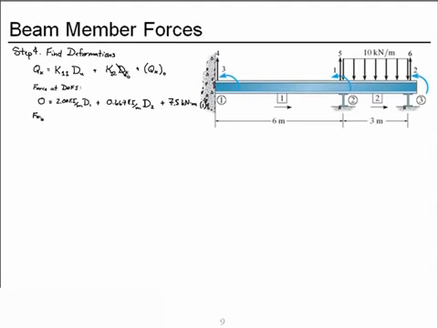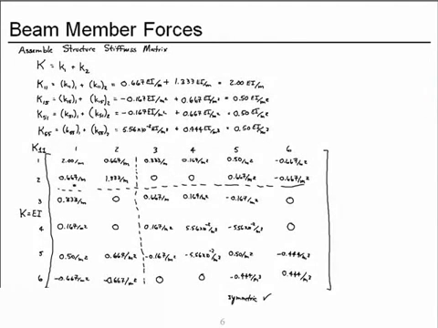If I look at the force at degree of freedom 2, again, there is no applied load directly to that degree of freedom, no couple moment applied there. And we need now coefficient 2, 1, which is this one. And we'll also end up needing coefficient 2, 2, which is this one.